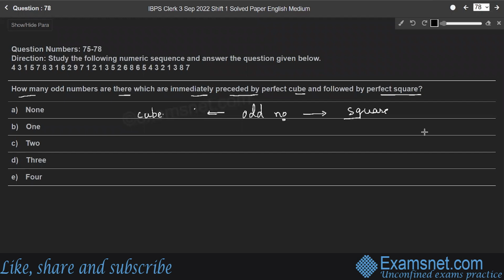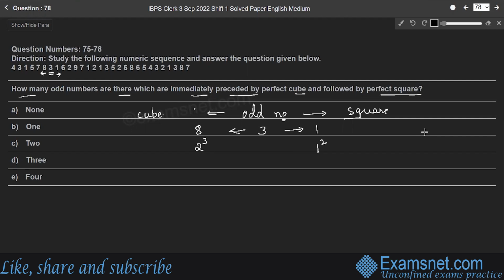So here in the given series, there is one odd number 3 which is preceded by 8. 8 is a cube number, cube of 2, and it is followed by a square number. So 1 is square of 1 itself, right?